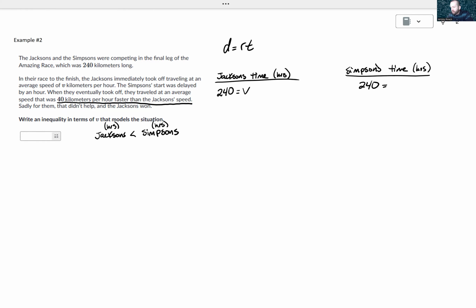So that was their rate. And then we don't know what the time is, so we want to solve for the time in hours. So we're going to divide by v on both sides, and we get that the Jacksons' time is 240 divided by v.